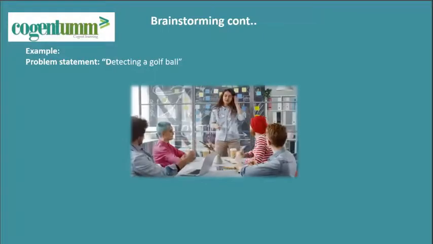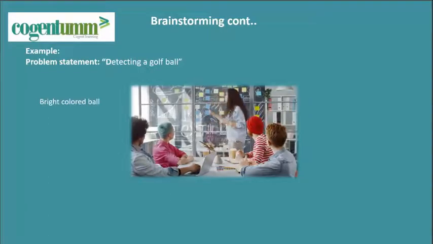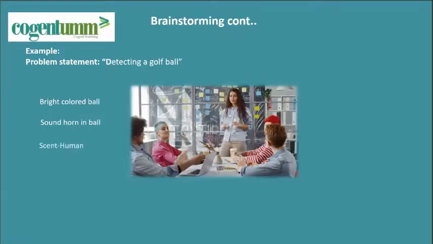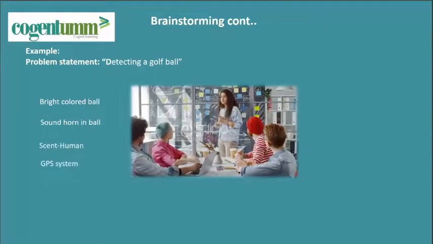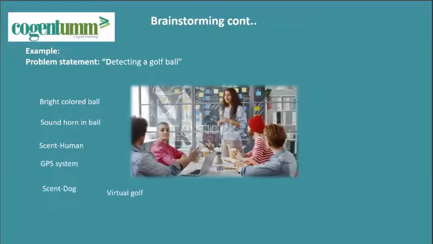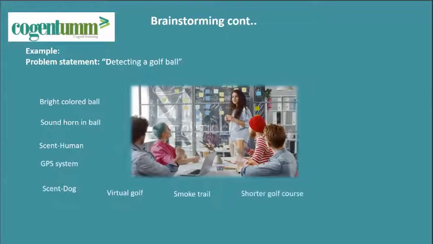Suppose the participants in the brainstorming session generate some ideas. These are a brightly colored ball, a sound horn in the ball, scent to human, GPS system, scent to the dog, virtual golf, smoke trail during flight of the ball, shorter golf course, colored golf course, light emitting system in the ball, mini camera in the ball, speaker in the ball, and so on.